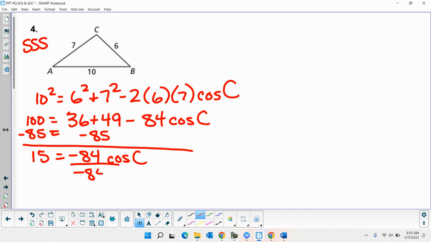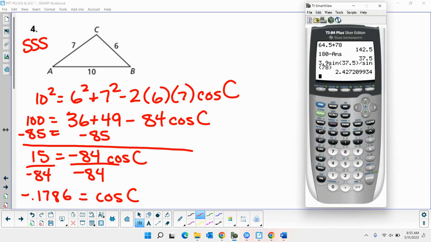So we divide by the negative 84, and we get a decimal. Negative 0.1786 equals the cosine of C. All right, so I'm going to just put that 15 divided by negative 84 in there.